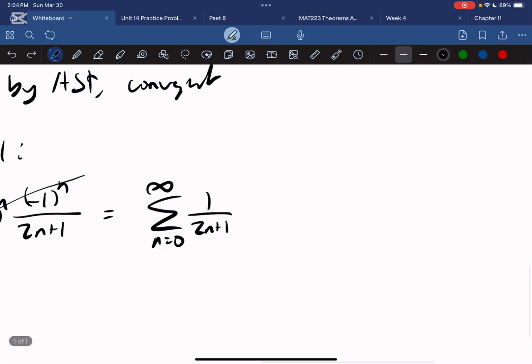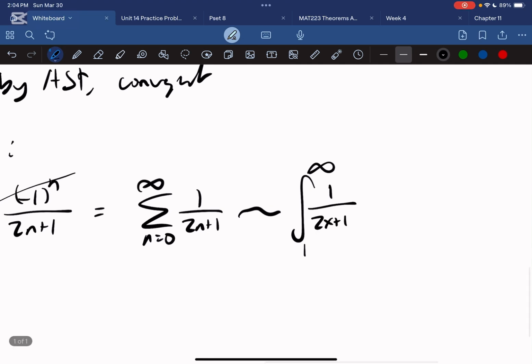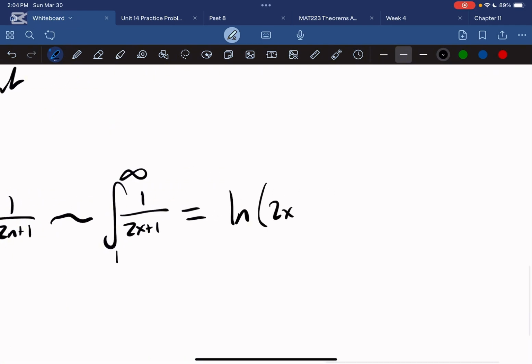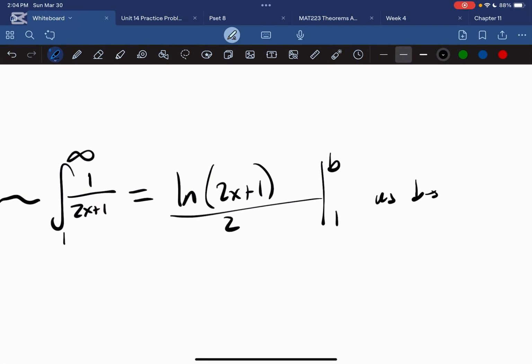Because this is comparable to the improper integral of 1 over 2x plus 1, which we can see behaves similarly, which is equal to ln of 2x plus 1 over 2, between 1 and b, as b goes to infinity.